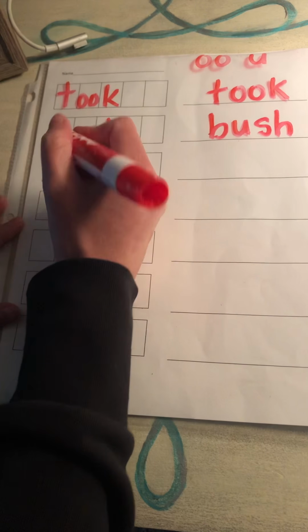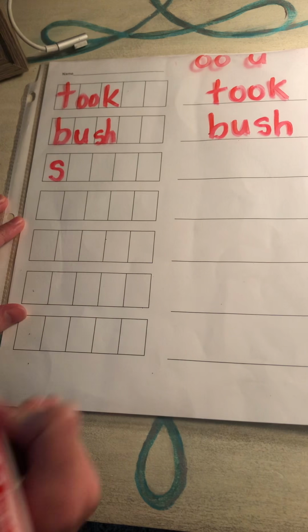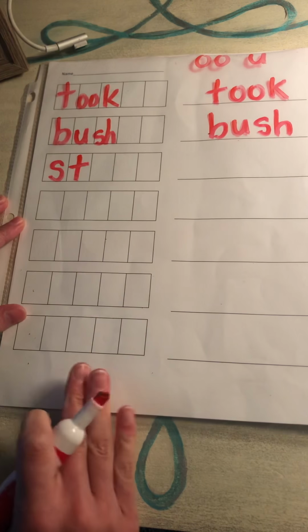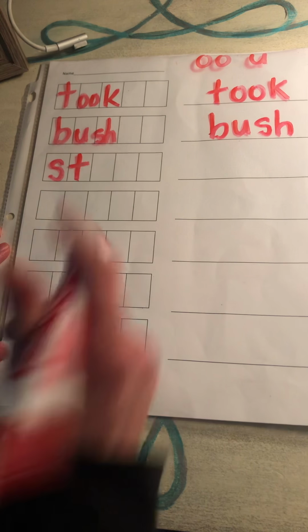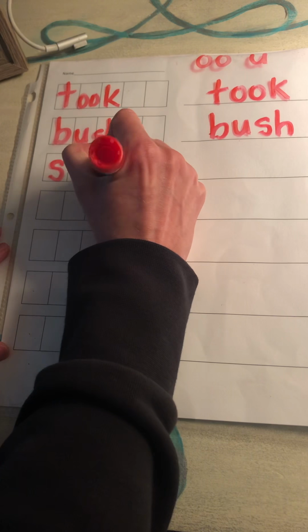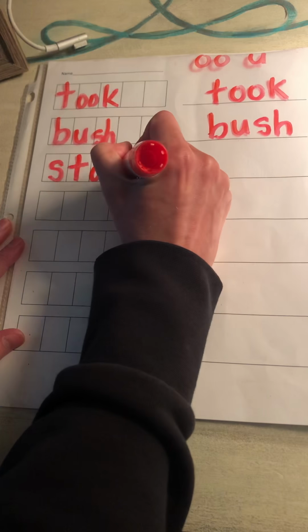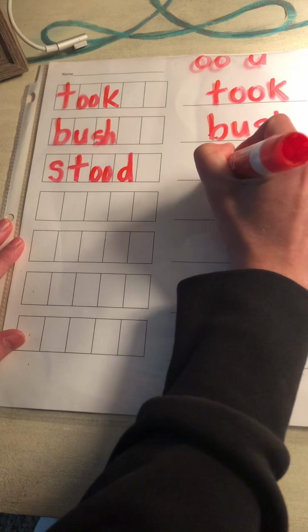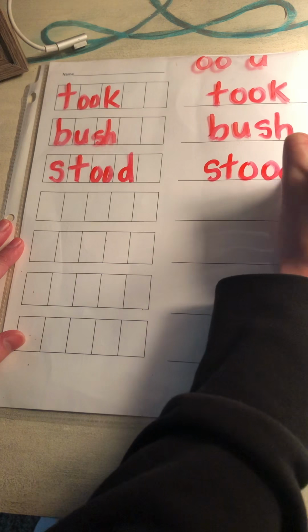Stood. I know S says S. T says T. And in the word stood, it is spelled O-O. D says D. Stood. Okay.